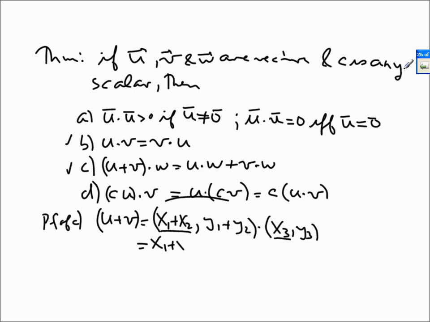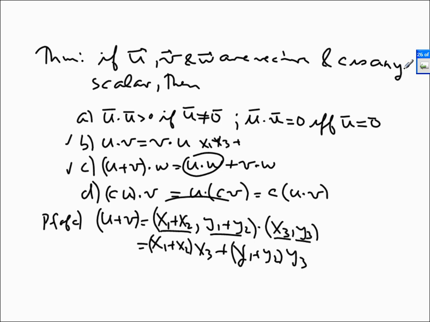You get x1 plus x2 times x3 plus, and multiply the second component, y1 plus y2 times y3. And remember, you want to get u dot w. That is the x components of u and w plus the y components of u and w.